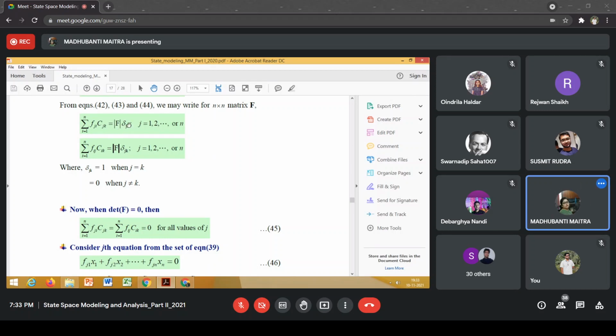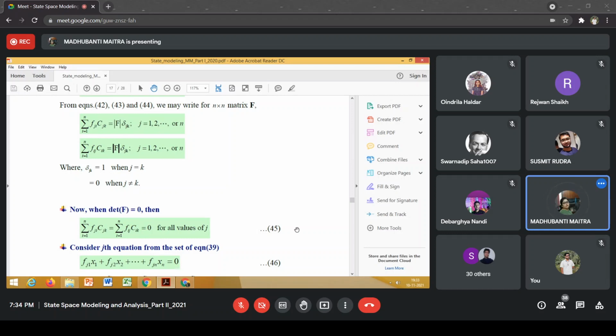And this delta value will be equal to 0 if j is not equal to k. Already we have seen that in this expression, if j is not equal to k, then the right hand side will be 0. So we can combine these two conditions with the help of a single equation, which can be written in this form, and delta jk will be equal to 1 if j is equal to k, and will be equal to 0 if j is not equal to k.